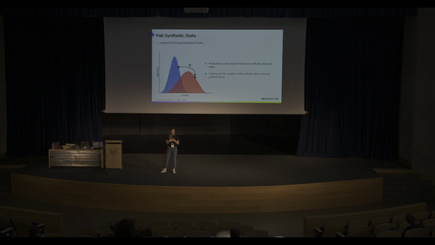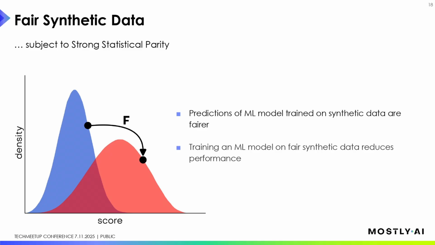But the nice thing for the synthetic data is that since you learn those patterns, you can adjust the generator such that it will remove this bias or make the data fairer, because you have this distribution and you can tune it, right? On the original data, you need to do it on the model level, but in the synthetic data you can tune it and then share the data which is fair.